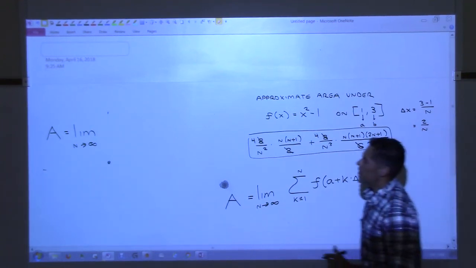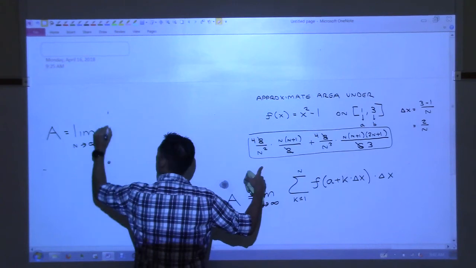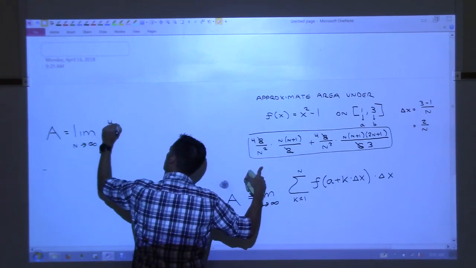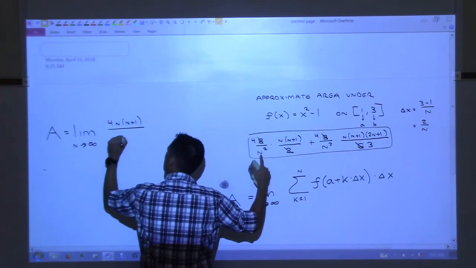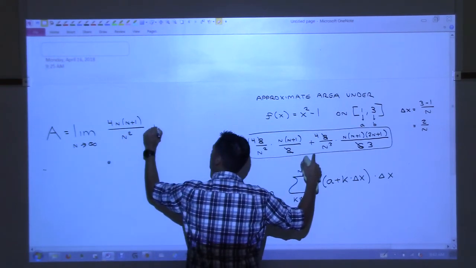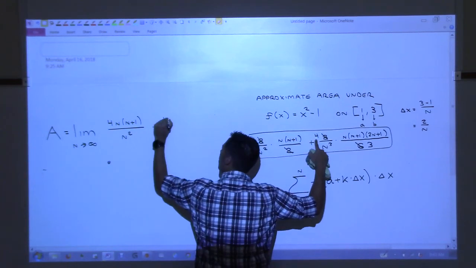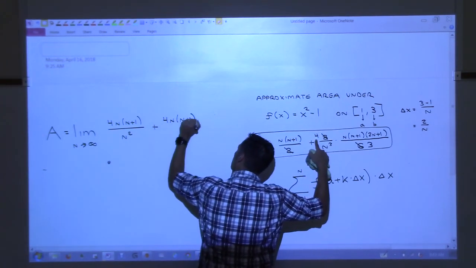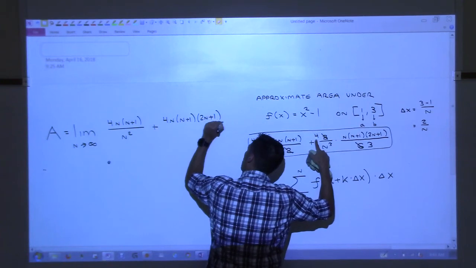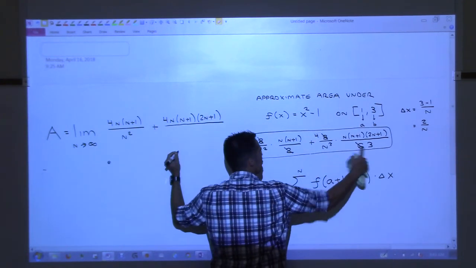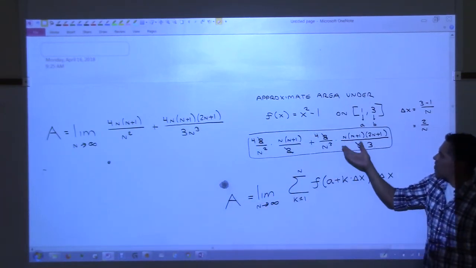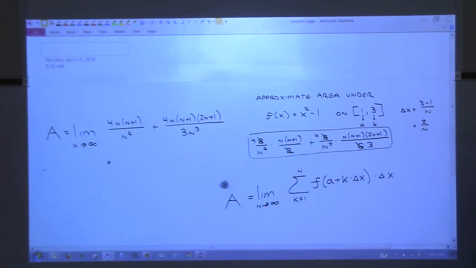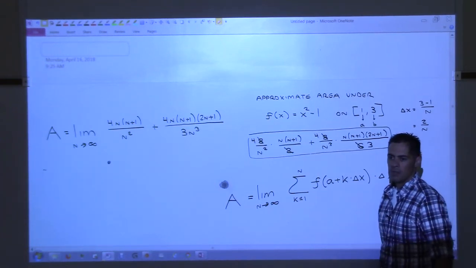So I'm trying to take the limit as n goes to infinity of 4 times n plus 1 over n squared, plus 4 times n plus 1 times 2n plus 1 all over 3n cubed. All I've done is clean that up a little bit. Do you agree that's what I'm trying to figure out? All right, let's take the limit and see what happens.